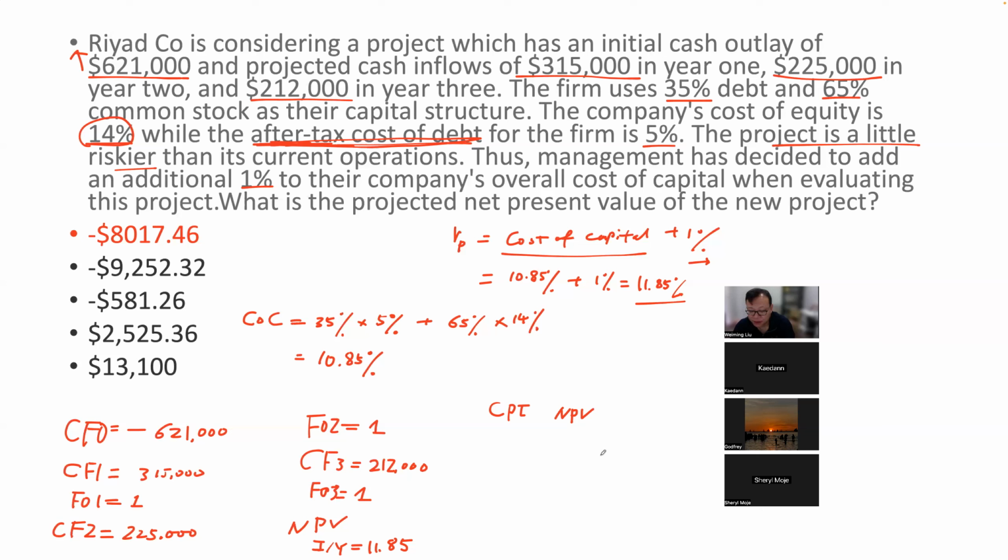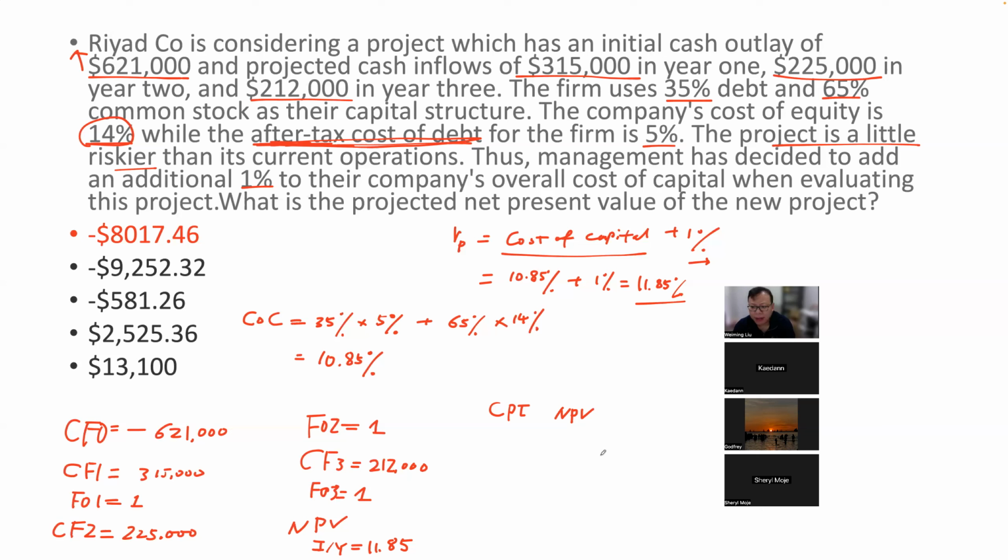Okay, yours is different. What is your result? $1.2 million.